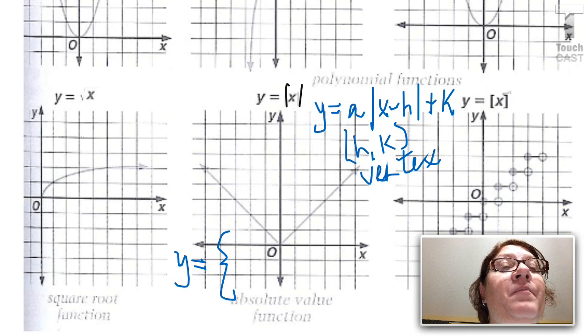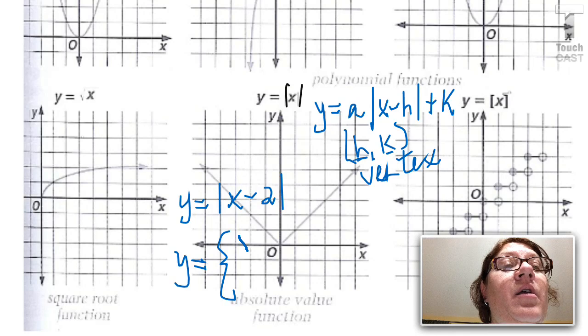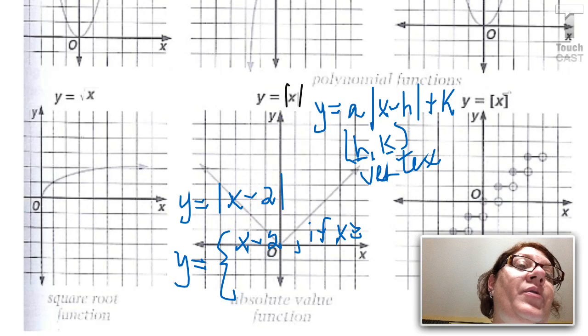And if you remember from the description up above, so let's say I have the equation y equals absolute value of x minus 2. Of course, I know the vertex is at (2, 0) because h is 2 and k is 0. But what you really want to do is say, okay, if this thing is positive, now that whole thing would be greater than 0 if x is greater than or equal to 2.